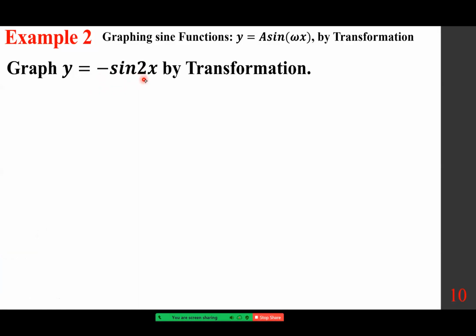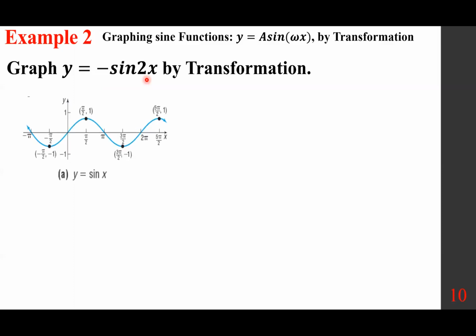You divide 2 pi by 2, which gives you pi as the new period. But we are going to do this by transformation, and we start with sine.